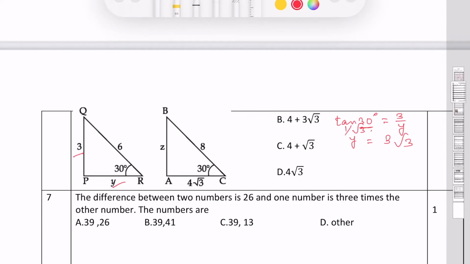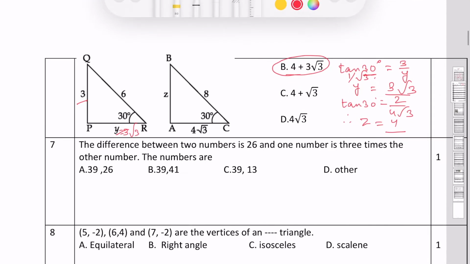Same way y is 3 root 3. Same way if we find out z, tan 30 degree is z by 4 root 3. So z is 4. So y plus z will be 4 plus 3 root 3, that is B option is correct.